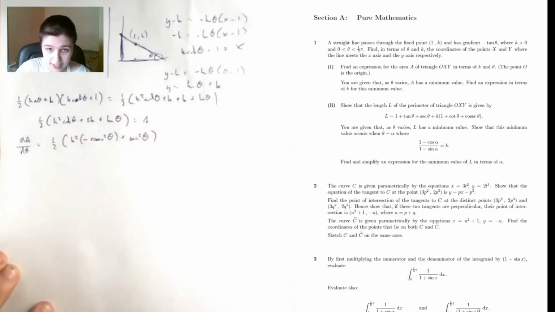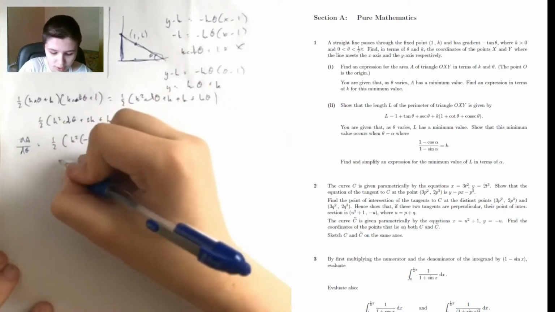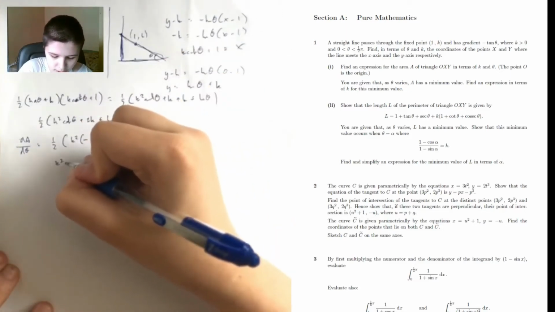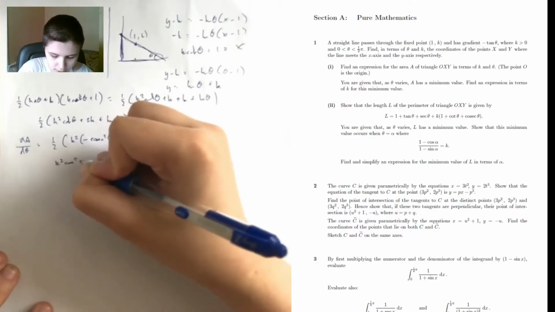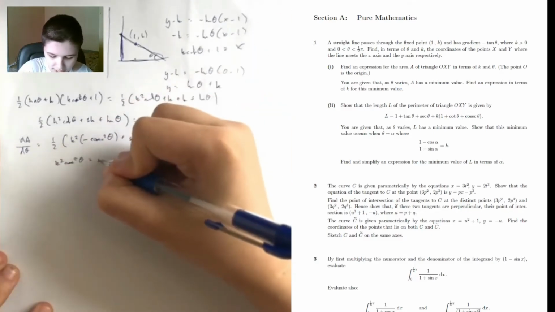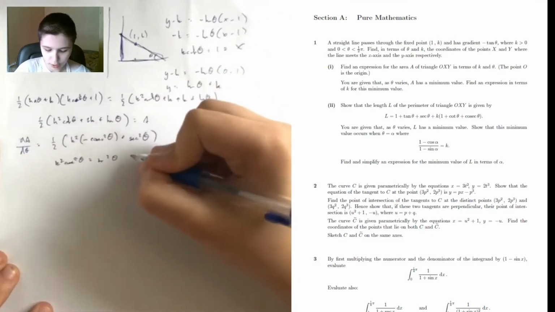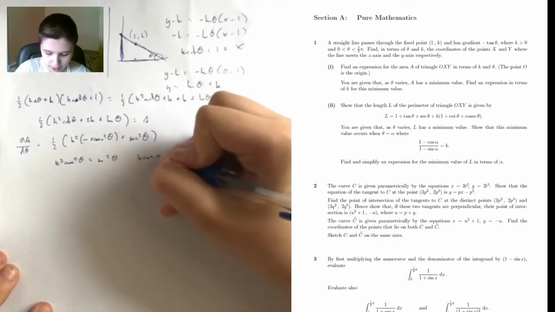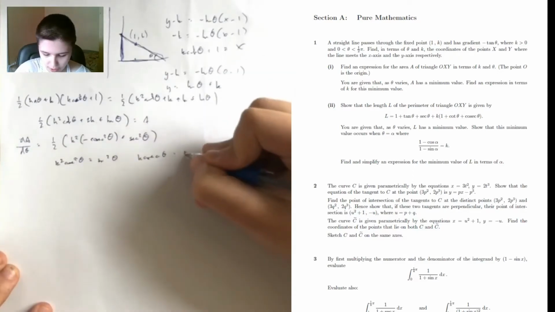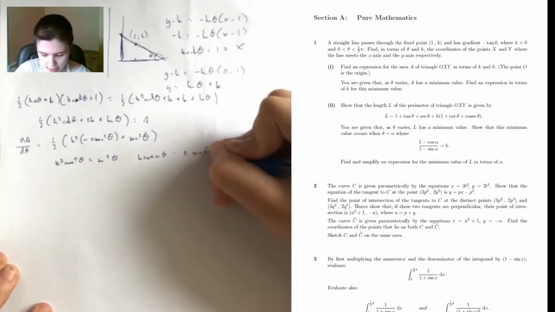And dA by d theta is therefore equal to 0 at k squared cosec squared theta is equal to sec squared theta. So k cosec theta is equal to plus or minus sec theta.